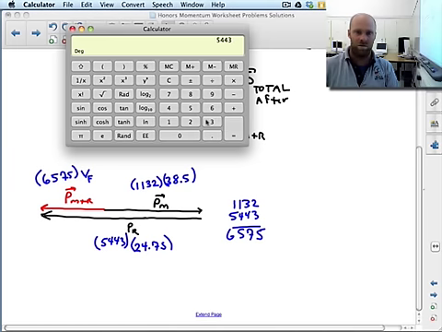5443 times 24.75 gives me 134,714. I'll forget the quarter of a kilogram meter per second. Okay.